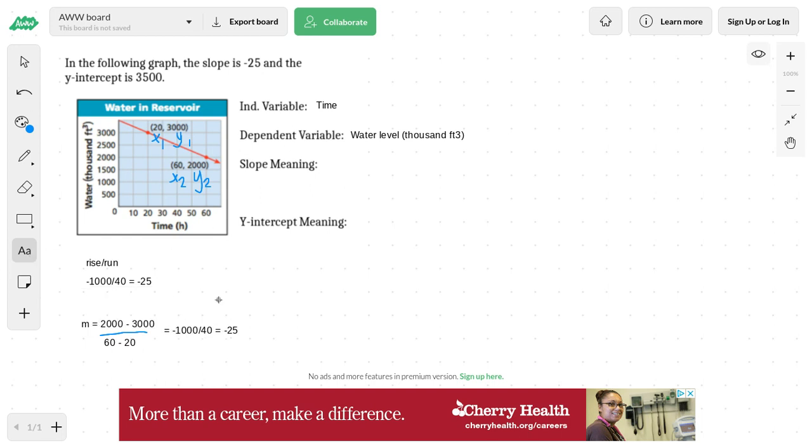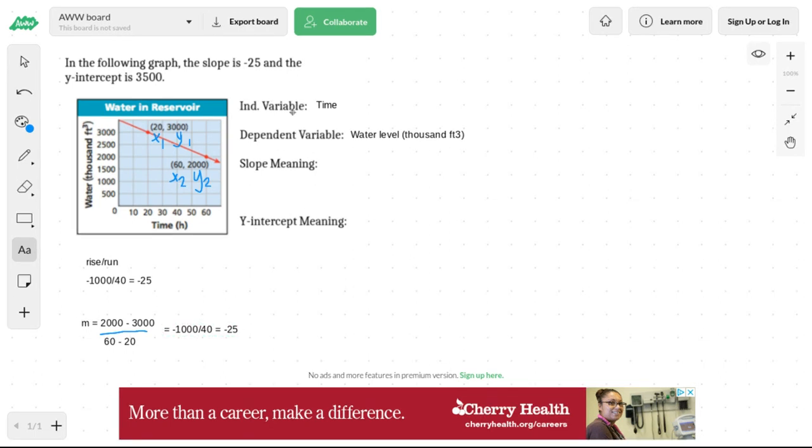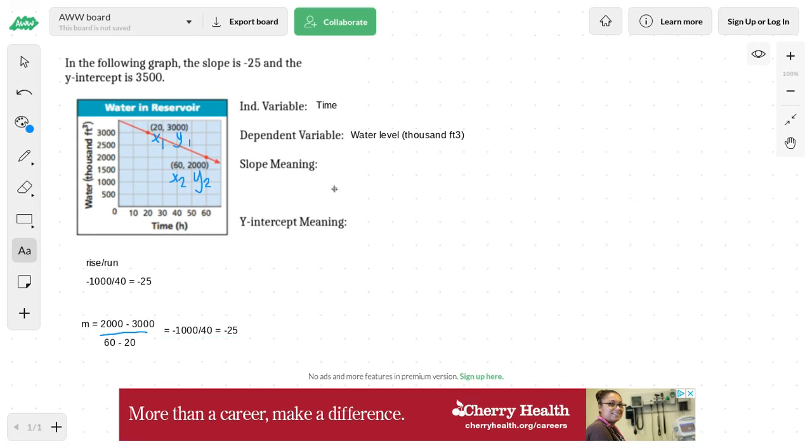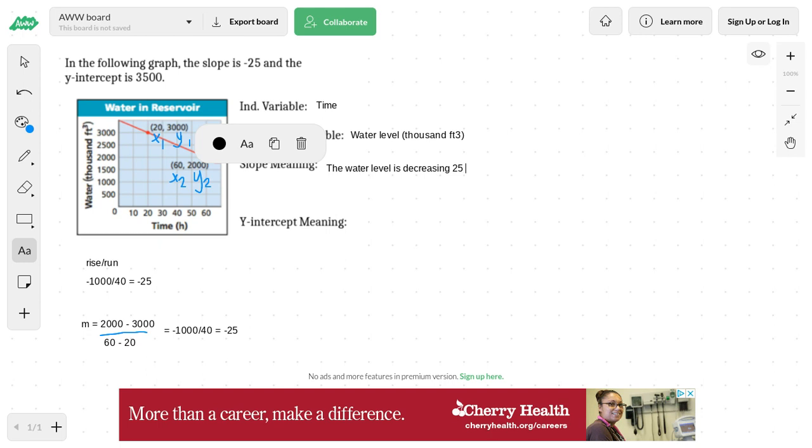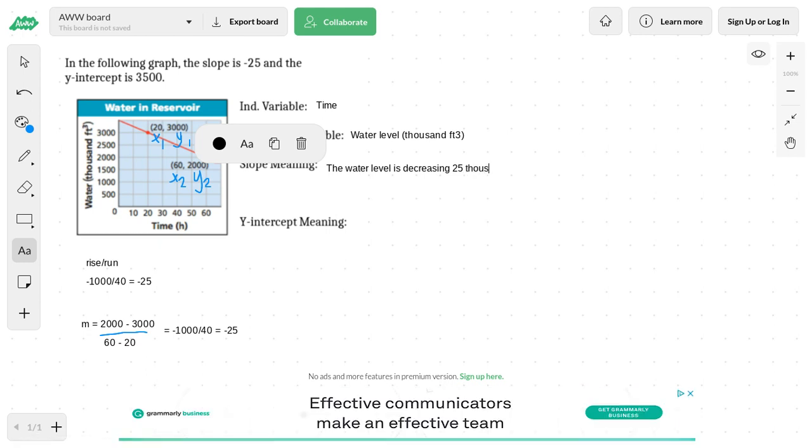So my actual slope is negative 25, but I need to figure out what does that mean. Well, I'm going down because it's negative, and I'm going down 25 what? So my rise is the water level. So I'm going to say the water level is decreasing 25,000 feet cubed. So you have to use the variable or the units they give you.